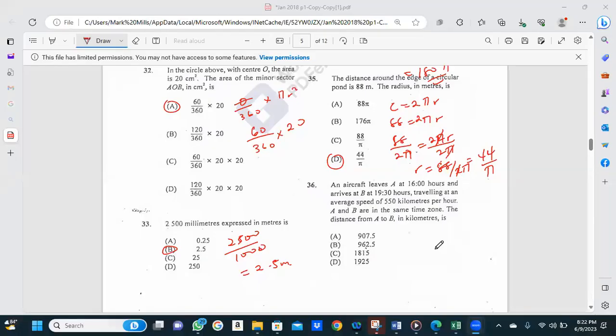What is number 36? An aircraft leaves town at 16 hours and arrives at Dartford, right? They asked me to calculate the distance.